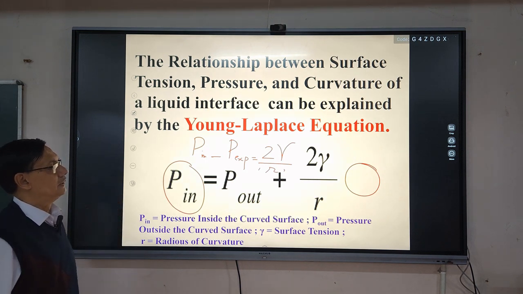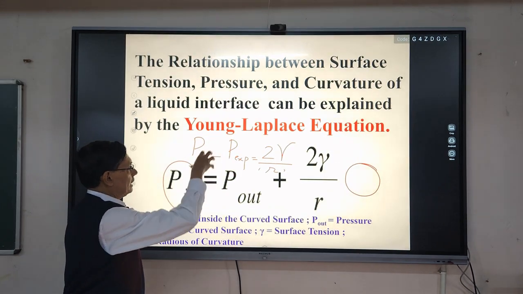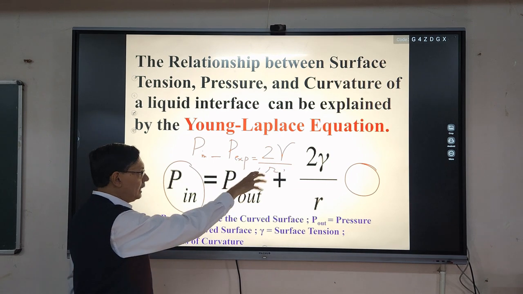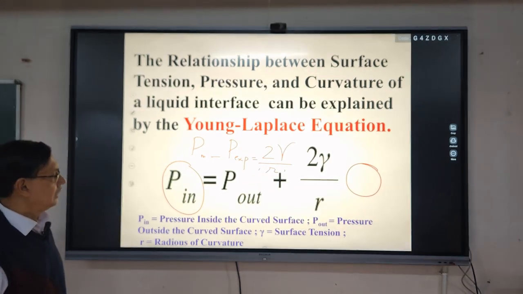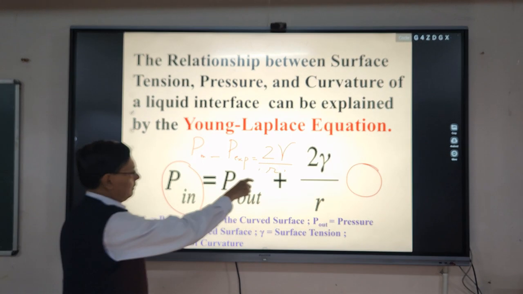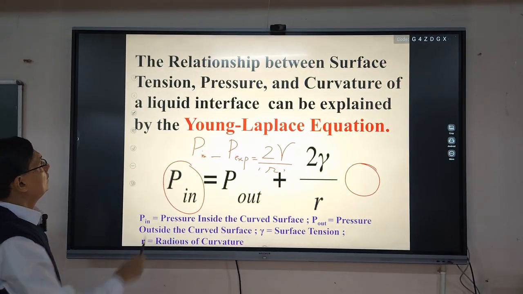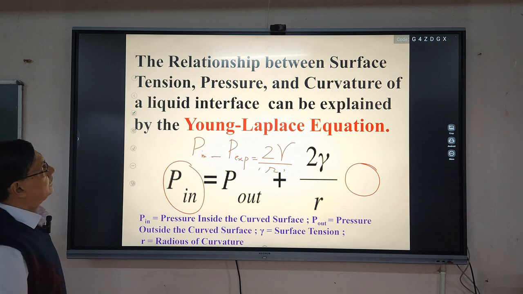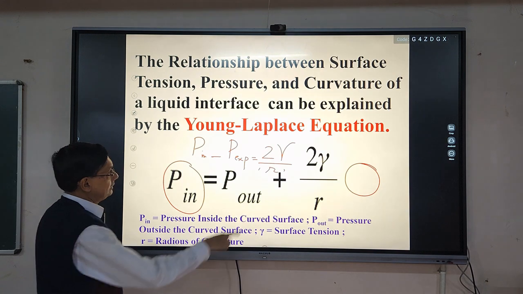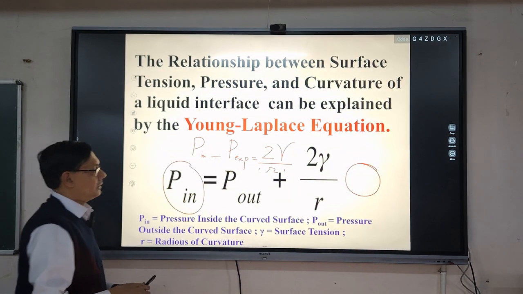So that radius is important, and you can understand the pressure relation with the radius. If we increase the pressure, of course there must be a change in radius. I'll discuss at the end what is the role of pressure and what is the role of this radius. So this is called the Young-Laplace equation, the relationship between the surface tension, the radius, and the external and internal pressure.